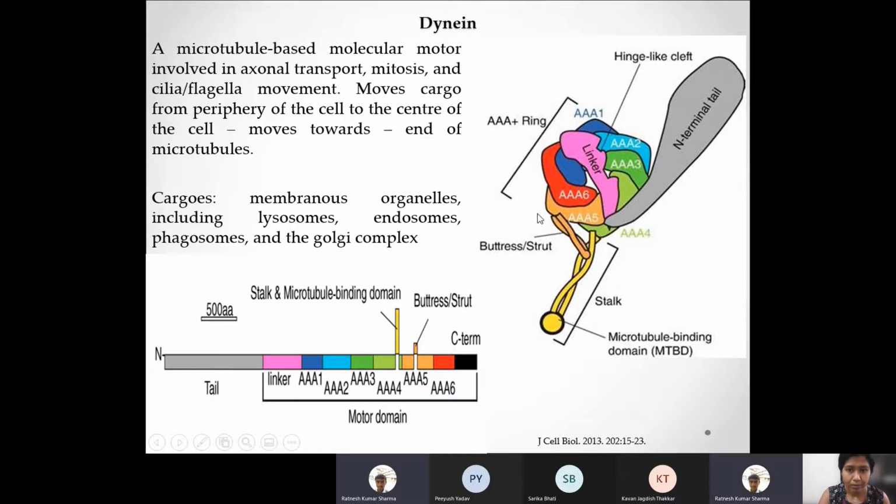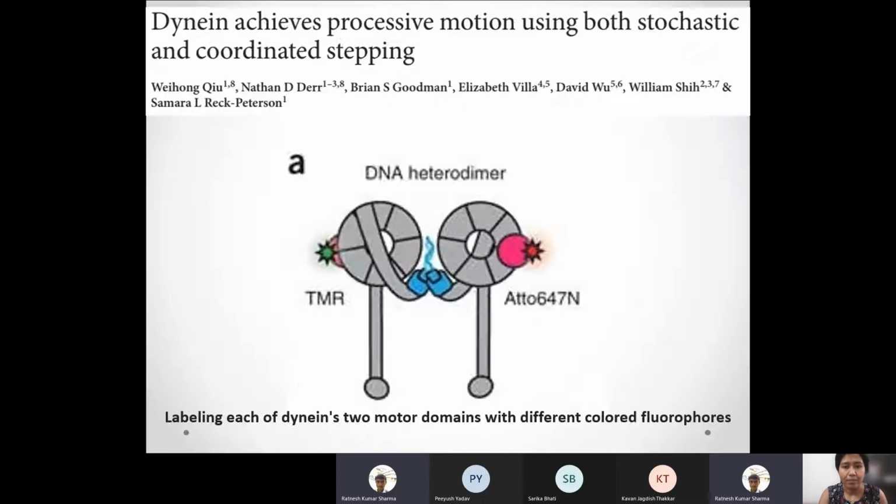Associated with this ring is the coiled-coil-like structure, which forms the stalk that has the microtubule binding end at its tip. So it's very difficult to have a crystal structure of this entire complex.